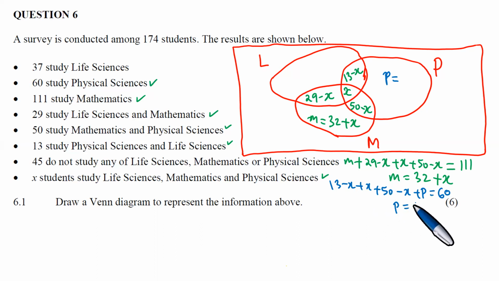The x moved across is going to be plus x. If you have 50 plus 13, what does it give us? It gives us 63. 60 minus 63 is minus 3. So this one is x minus 3.